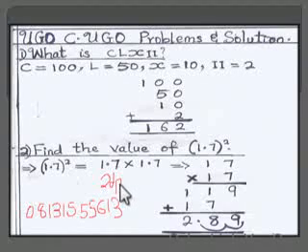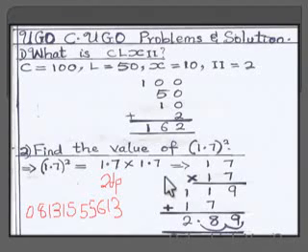Now we take these numbers as whole numbers, as 17 and 17. We now multiply. So in our multiplication, we can multiply very simply. 7 times 7 will give us 49. Remember that 4 is left.